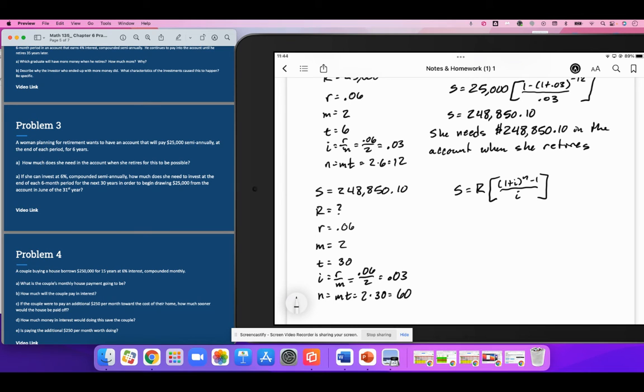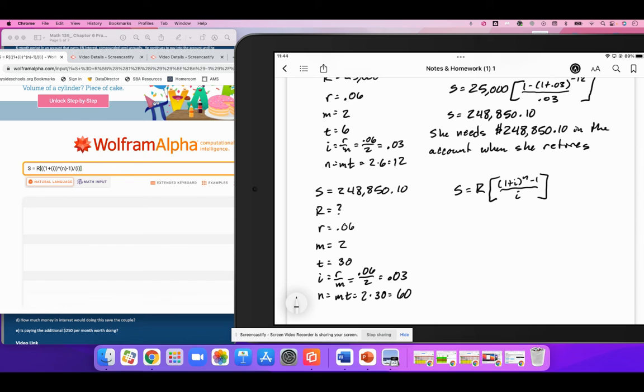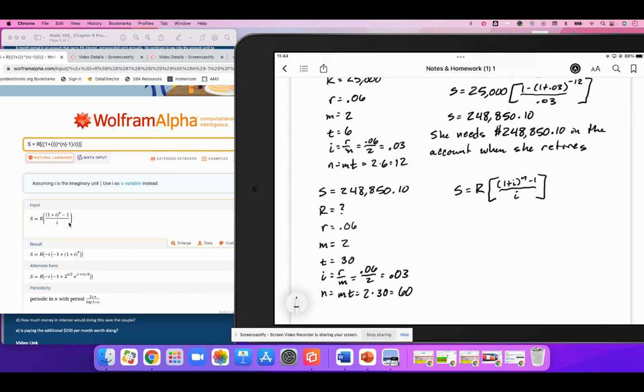And got to go grab my formula so I can throw it at Wolfram here. Okay. And so I'm just making sure I wrote my formula correctly. Not easy to memorize these darn things. So that's actually not correct.